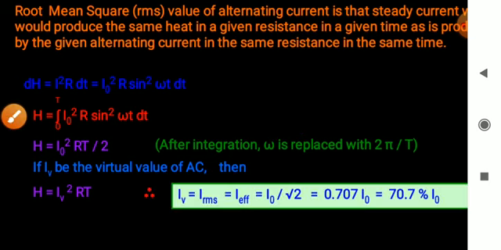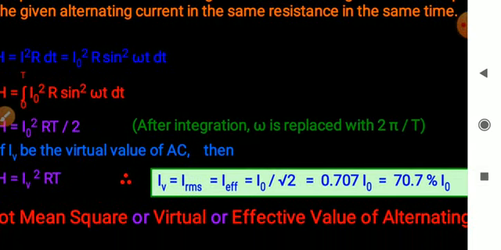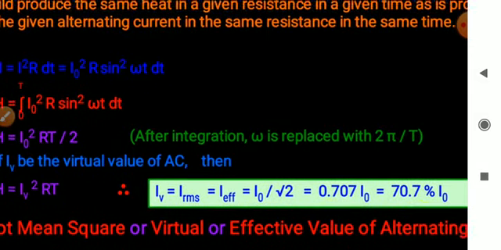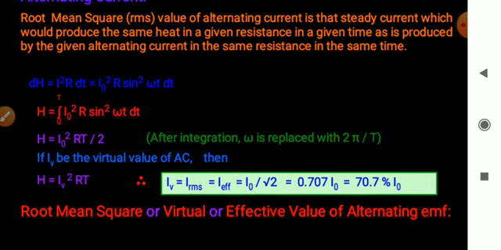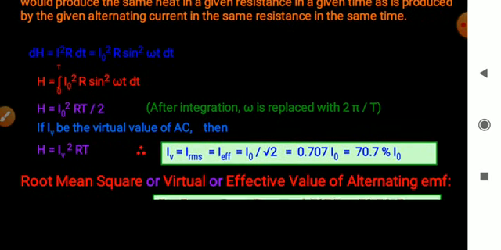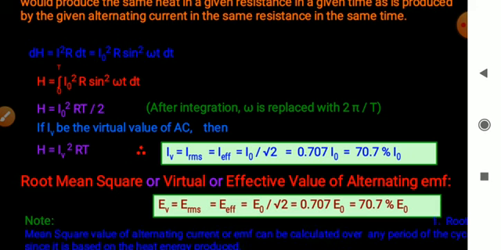So we can write I RMS equal to I naught upon root 2 equal to 0.707 I naught equal to 70.7% of I naught. And the root mean square or virtual effective value of alternating EMF is given by E RMS equal to E naught by root 2 equal to 0.707 E naught equal to 70.7% of E naught.